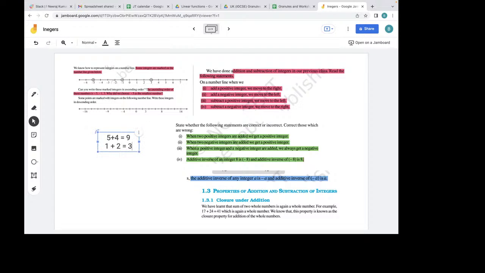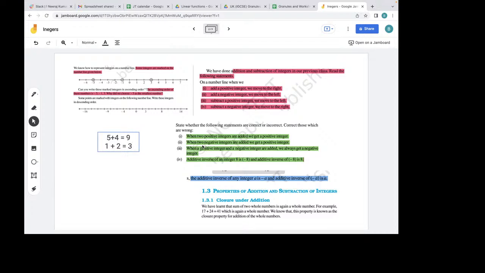So 1 plus 2 is equal to 3, and again we got a positive integer. That is why when you add two positive integers, you will always get a positive integer. So the first statement is true, and you always need to remember this.